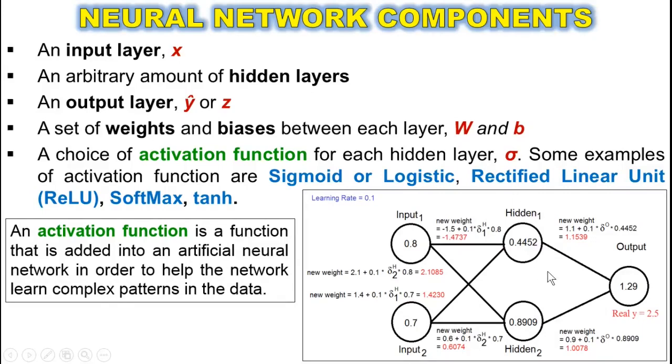Some examples of activation functions are sigmoid or logistic, rectified linear unit (ReLU), softmax, and hyperbolic tangent, to name but a few. An activation function is a function that is added into an artificial neural network in order to help the network learn complex patterns in the data.